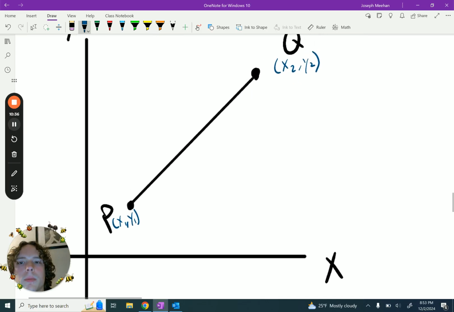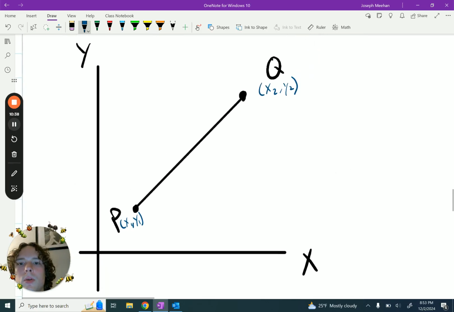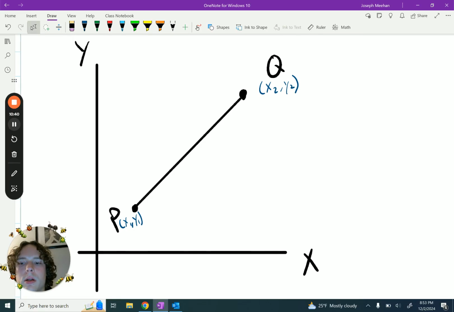And here's what we're going to do, okay? We have this ambiguous coordinate plane with no coordinates on it. We know the coordinate of point P is (x1, y1), and the coordinate of point Q is (x2, y2). What I want to do is draw a line from point P over to point Q, kind of like this, on the x's.